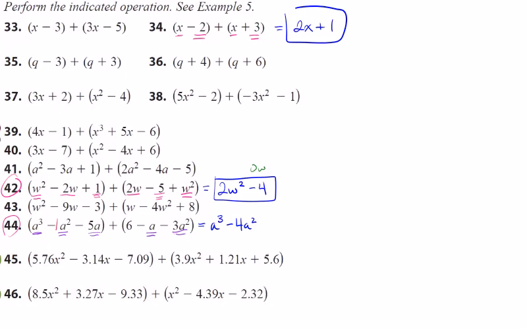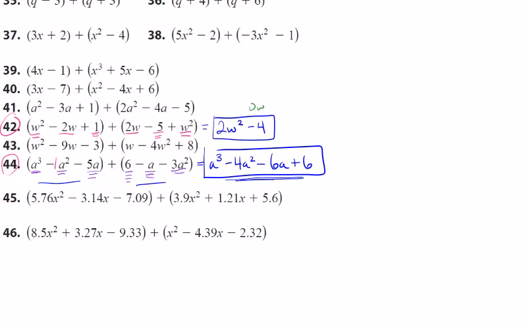So we add negative 5a plus negative a, and we get negative 6a. All right, and then finally we have one more term here. We have this 6 all by itself, so that's just going to come over and stay positive 6. All right, so we added 2 trinomials that time, and we ended up with 4 terms, right? Polynomial with 4 terms.